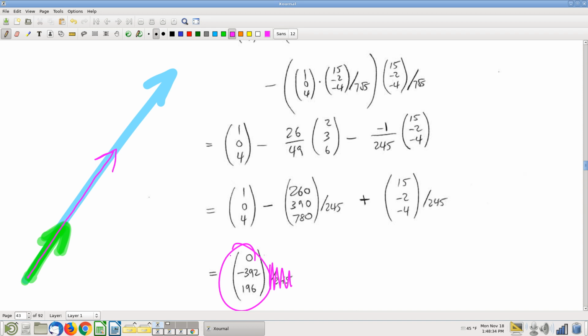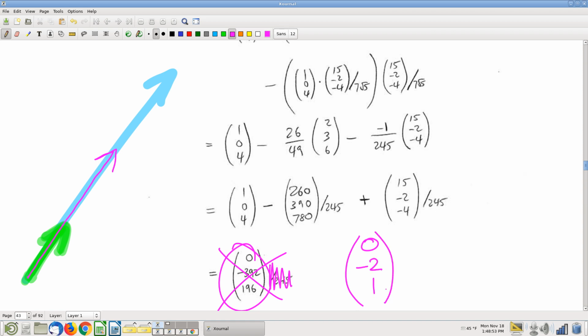Oh my gosh, one's a multiple of the other. 392 is exactly 2 times 196. I've got an idea. How about I take this whole vector and divide it by 196? That leaves me with 0, -2, 1.